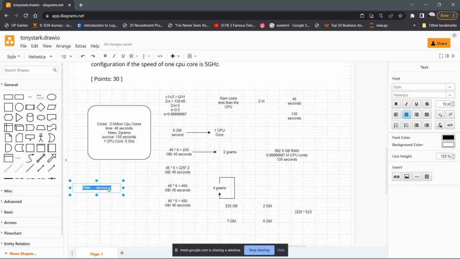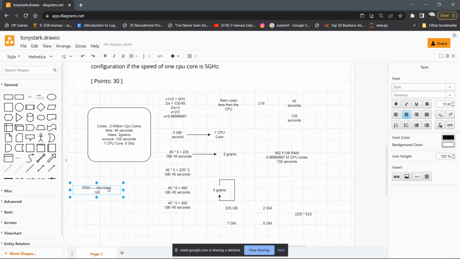And when you increase the number of cores, again time will decrease, right? Again decrease.